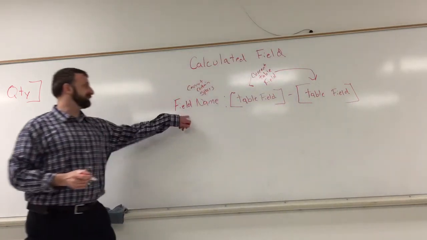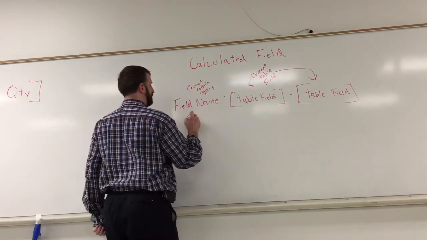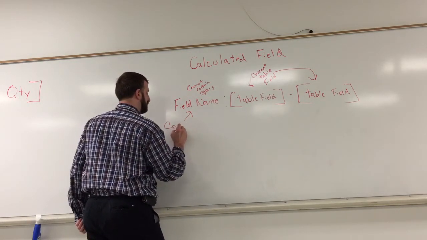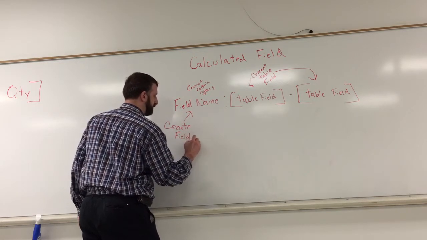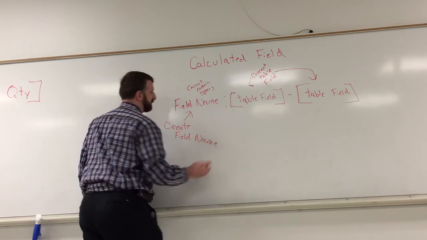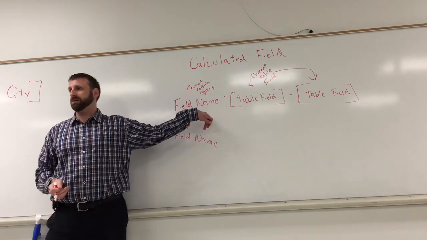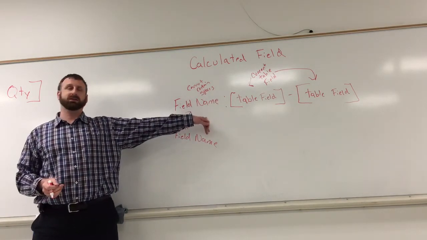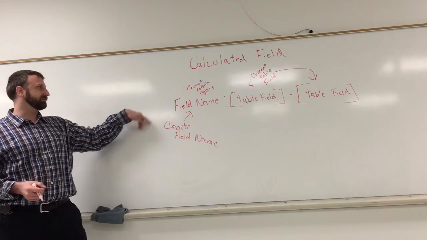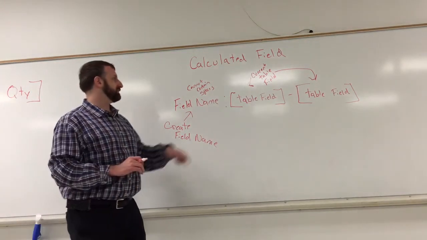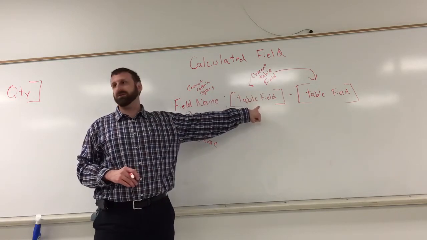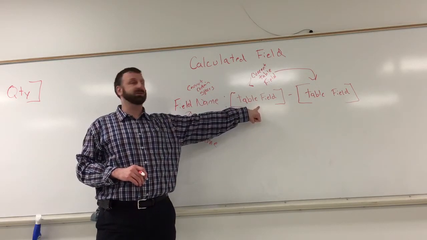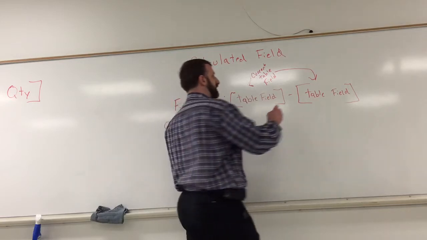Okay, so this is going to be create field name. So this won't exist. That's the field name that you're going to create. You'll have to type that. Probably assignments will tell you what that is. And then you have to take a current field that already exists in your tables and then perform your operation.